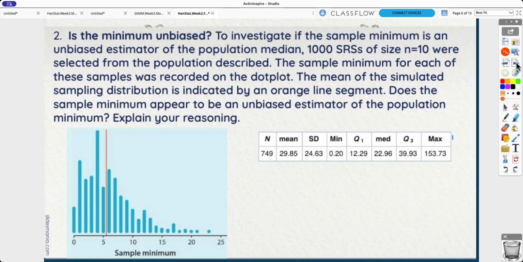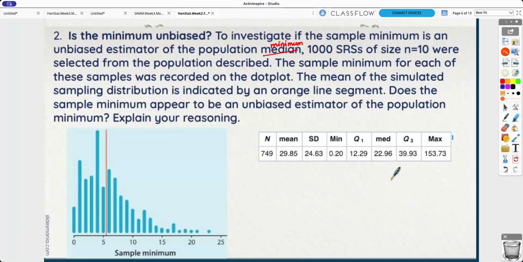Okay. So here is the minimum. We're testing if the minimum is an unbiased estimator of the population minimum. Check your answers.